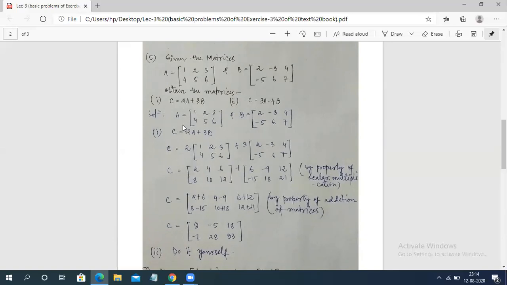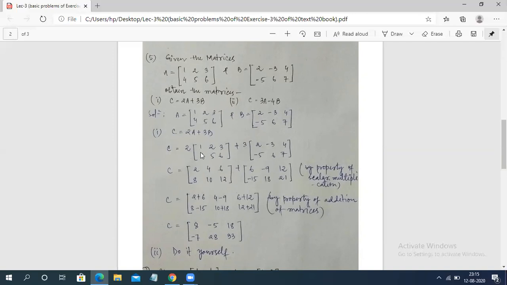You are already having this matrix A. So 2A means you have to multiply 2 with this matrix A. This is a scalar multiplication. Similarly, you have the given matrix B, and you have to find 3B. That means you have to multiply the matrix B with the scalar quantity 3. So find out 2A and 3B.